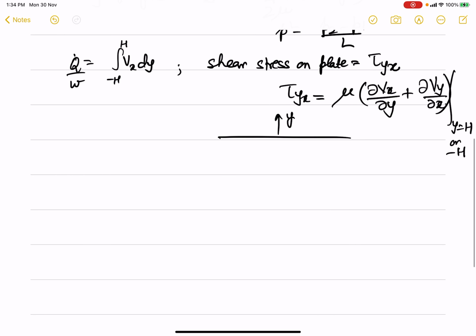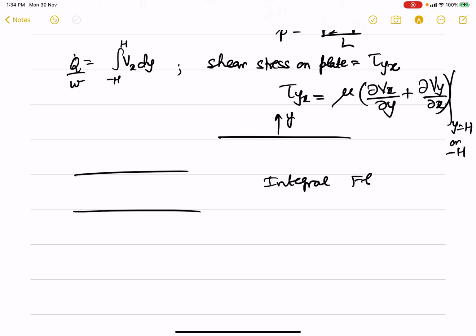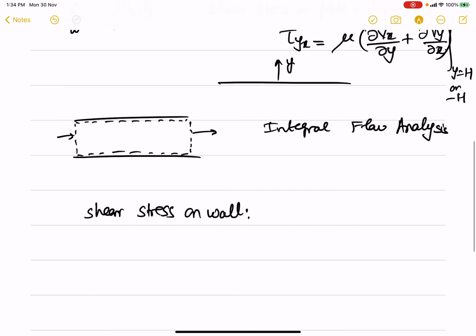Now, one thing you can see, before I move on, is this expression. Let's see if there is a link if I use the integral flow analysis. I use a control volume as shown, and here we have flow coming in, flow going out, and now we want to find the expression for shear stress on the wall from integral flow analysis.